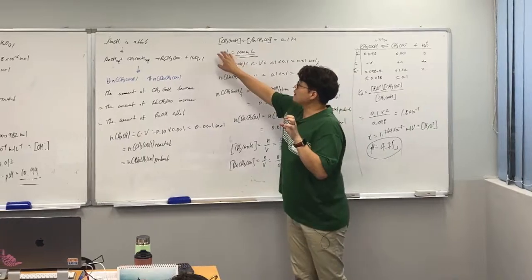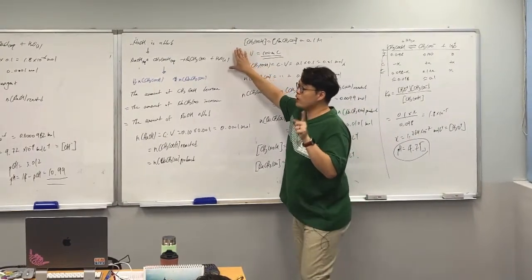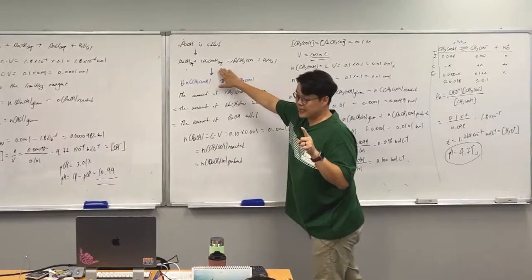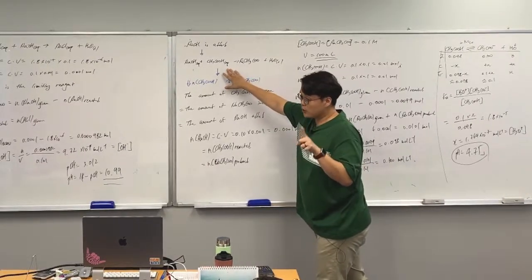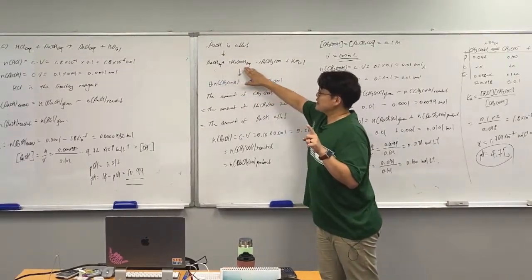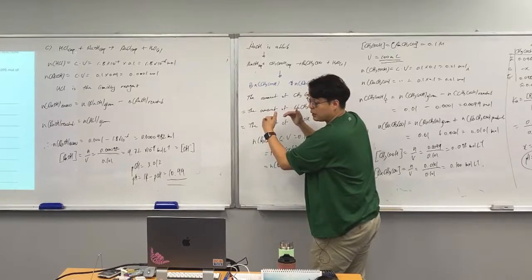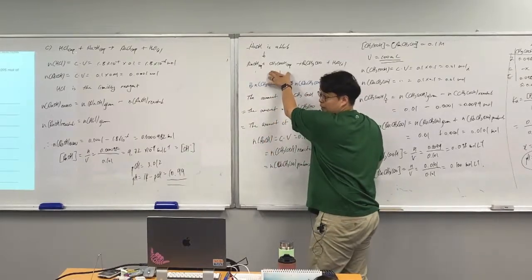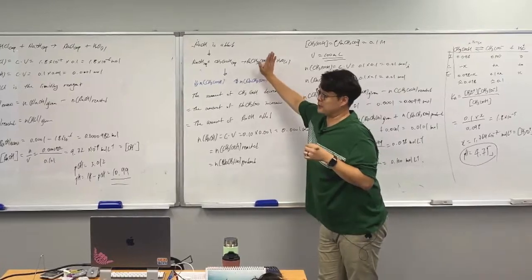In that mixture, when the sodium hydroxide comes in, it will first react with the acetic acid. As a result, the amount of acetic acid we had decreases and the sodium acetate increases.